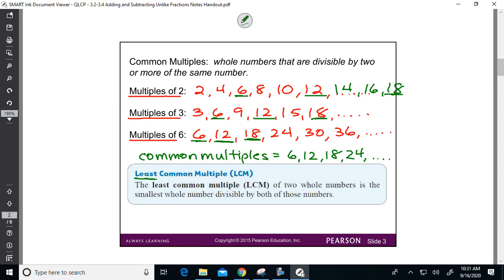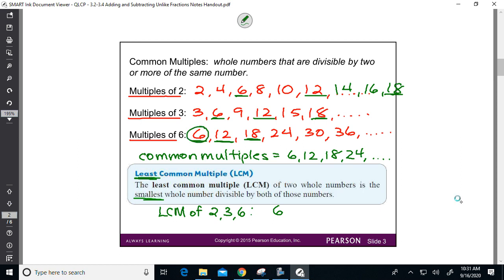The least common multiple is the smallest of those numbers. The least common multiple is just the smallest. So the least common multiple of 2, 3, 6 is the number 6. Why?